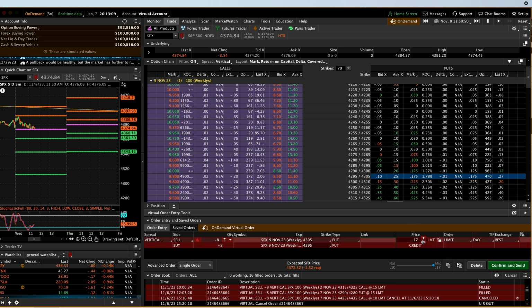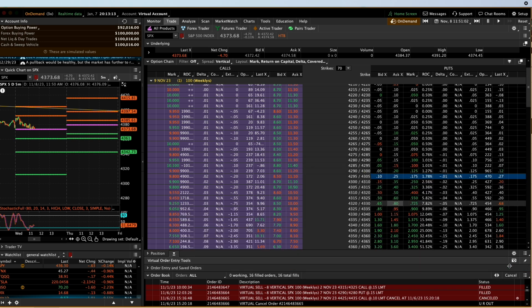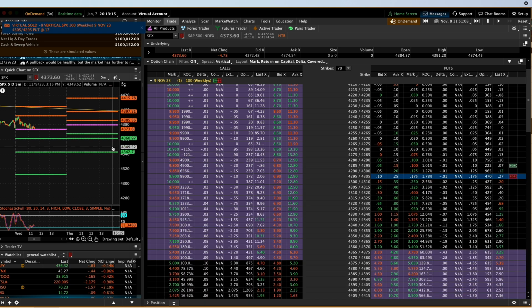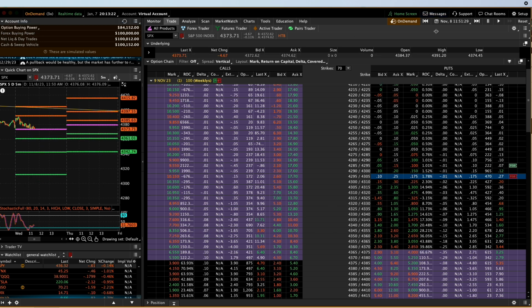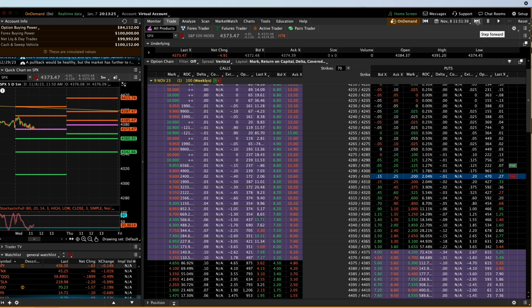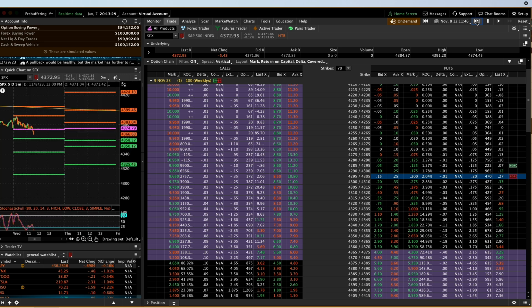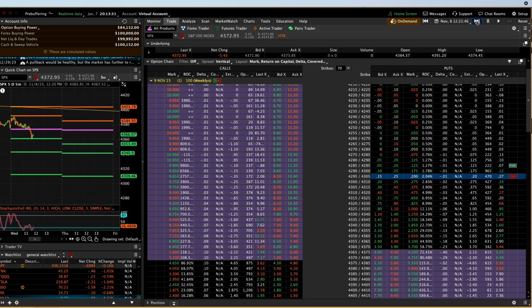Let's give it 15 cents, lock that in, and let it fly. There we go, so we're at 43.05 right there. Let's see what the market gives us, see if we can get a call spread in. Currently at 43.73, so hopefully the market decides to go up at some point, and of course not.